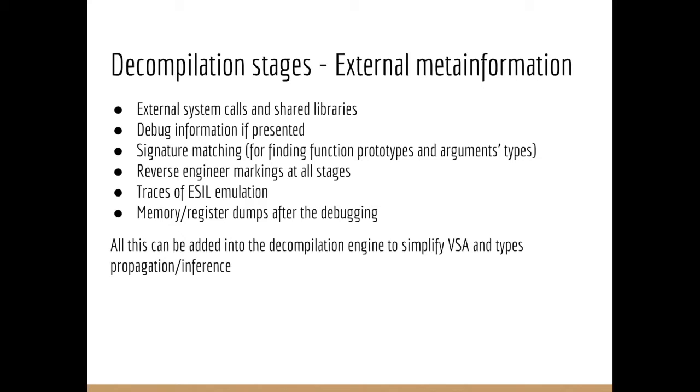Also, obviously, the marks of the reverse engineer at all stages. For example, at the assembly stage, where a human can change the type of a variable or mark a stack region as a type, and traces of emulation, or even a record of a full-fledged debug.